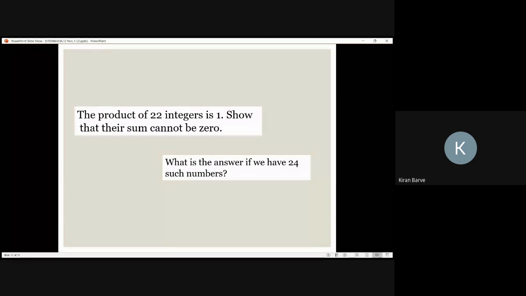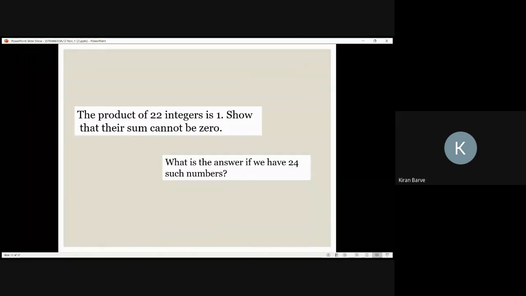See, Inavli sisters, Angad, and Sanvi, they are only talking. Let others also talk. Okay, so minus ones are even. Then 1 will be something.